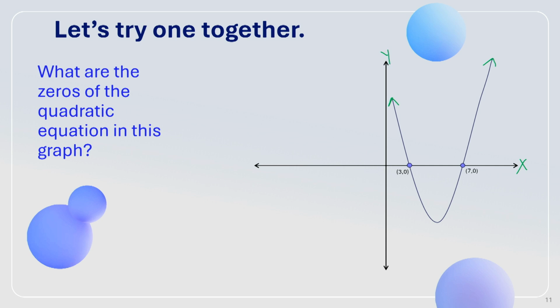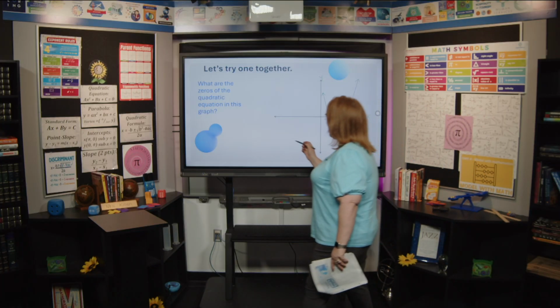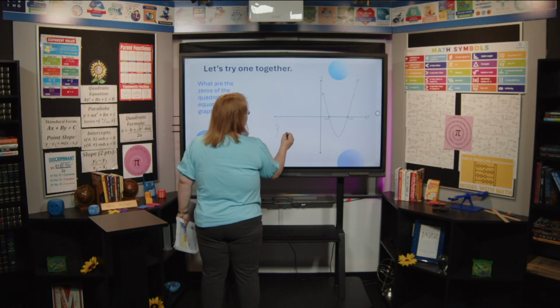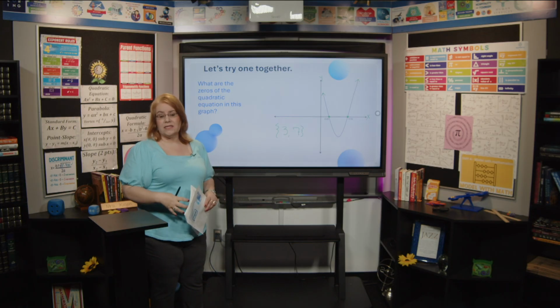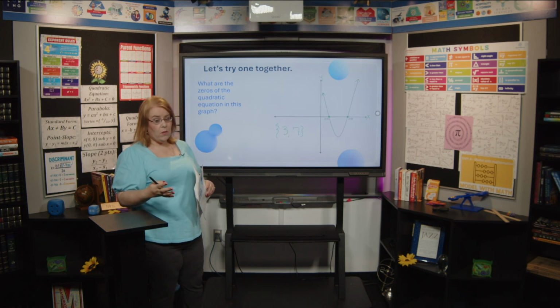But at this x-axis, it is crossing it at 3, 0, and it is crossing it at 7, 0. So when it asked me for my zeros, I could say that it was 3 and 7. So those would be my possible solutions or my possible zeros, depending on what my question is.